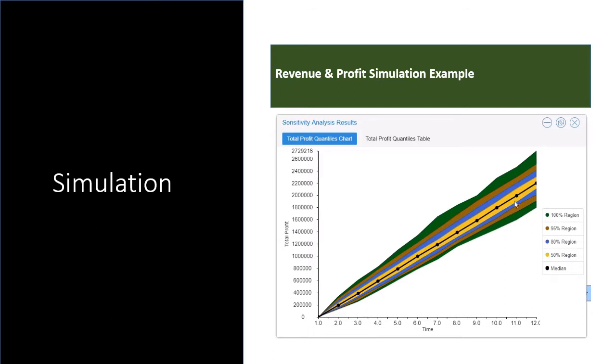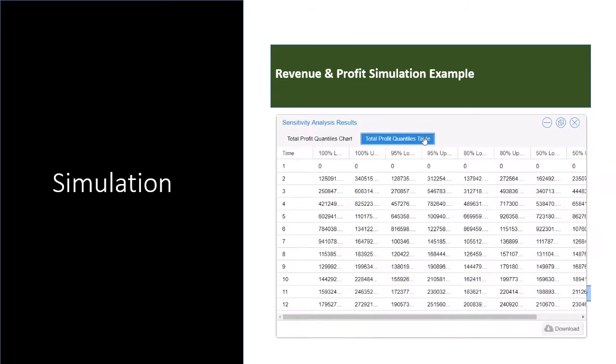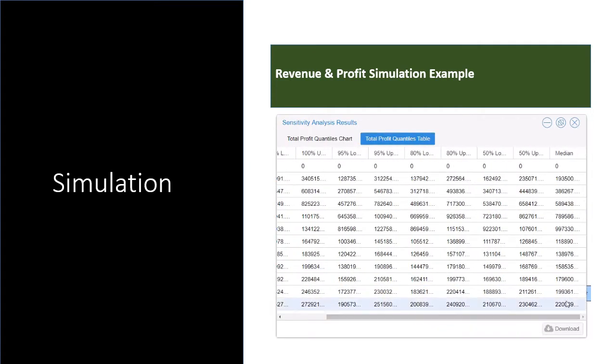The yellow is 50% likelihood, the blue 80%, the brown 95%, and the green 100%. You can take a closer look at this in tabular form and see in the 12th month, the likely outcome is 22 million, with an 80% chance that it will be between 20 million and 24 million.